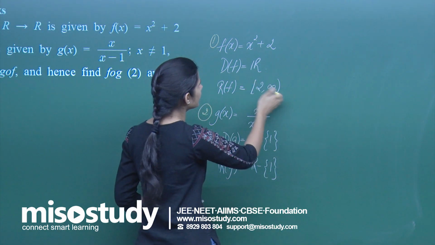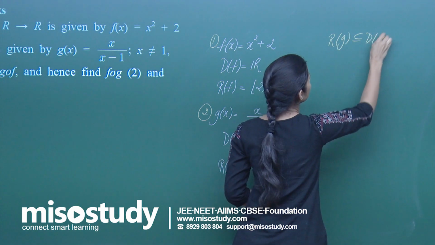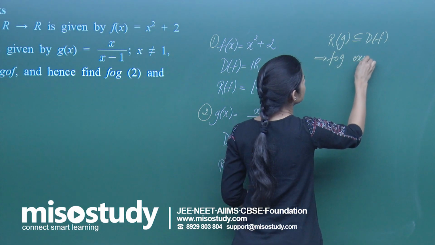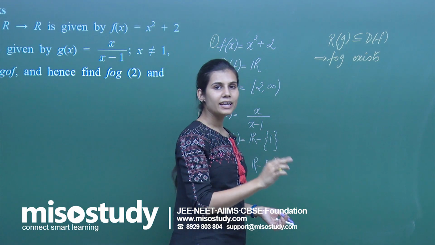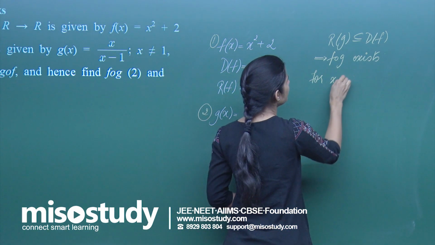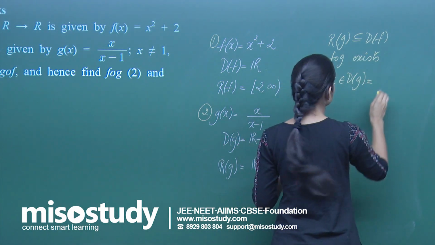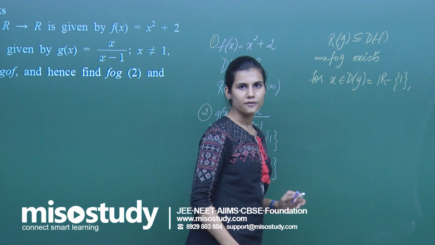Clearly the range of G is contained in the domain of F, which implies FOG exists. FOG is defined from the domain of G. So for x belonging to the domain of G, which is R minus {1}, we need to define FOG.